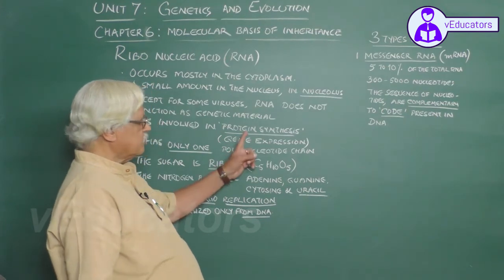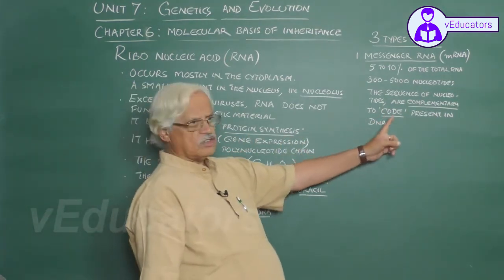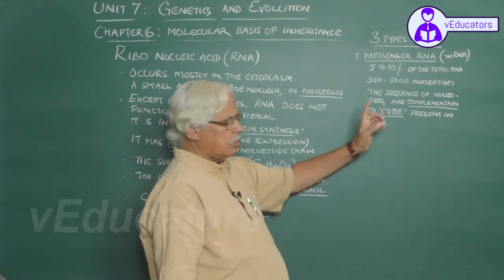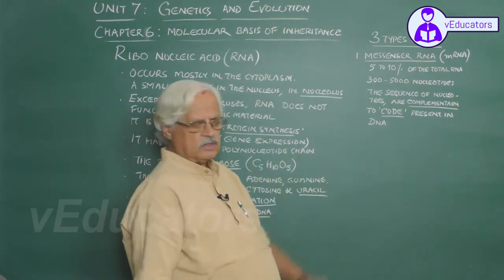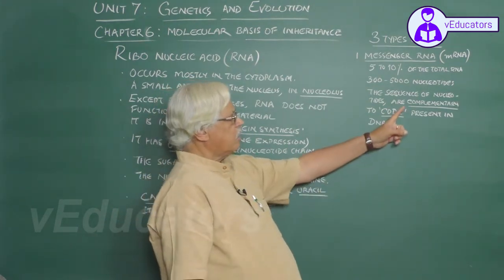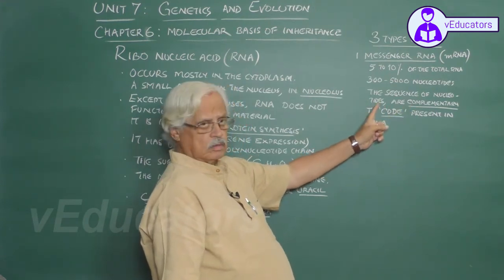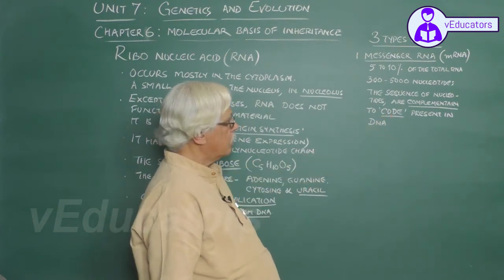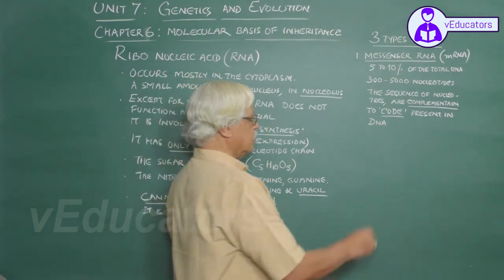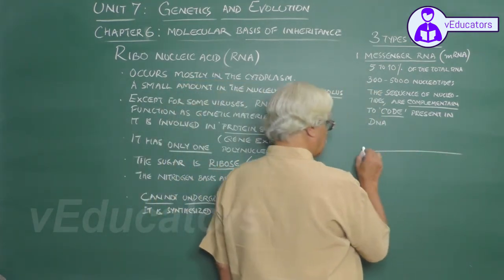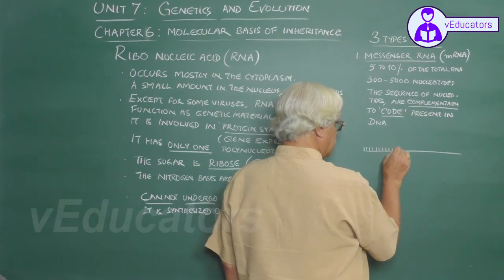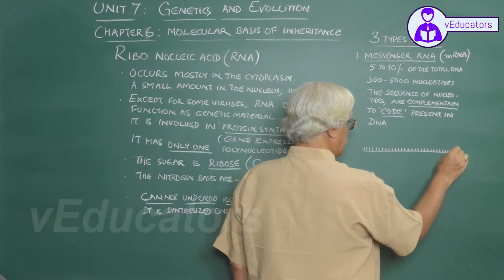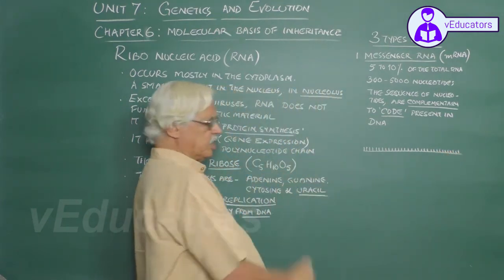For each of the proteins to be synthesized in the cell, DNA has a code. In this code, there is a particular sequence of nitrogen bases. mRNA is synthesized as a complementary molecule to this code. And suppose this is mRNA with a particular sequence of nucleotides containing adenine, guanine, cytosine and uracil.